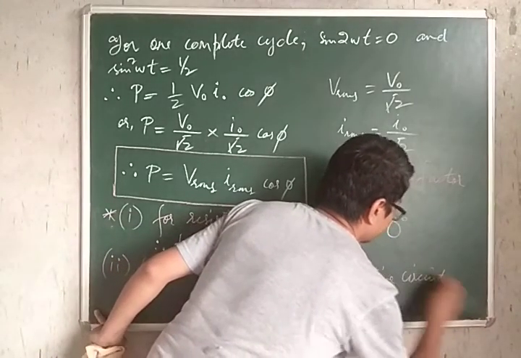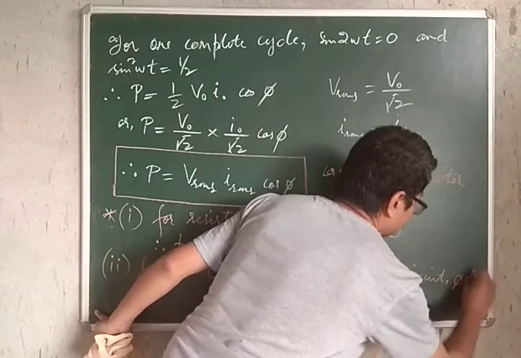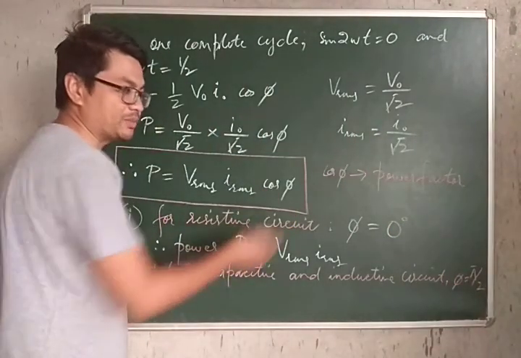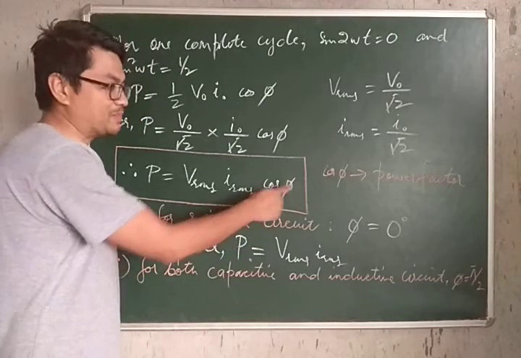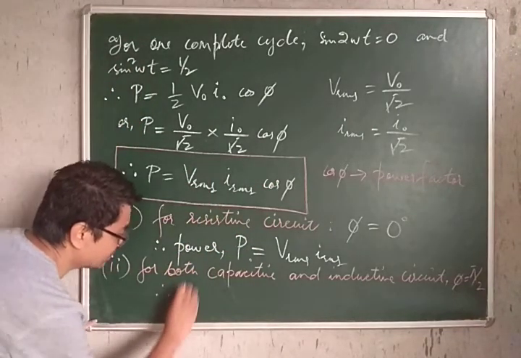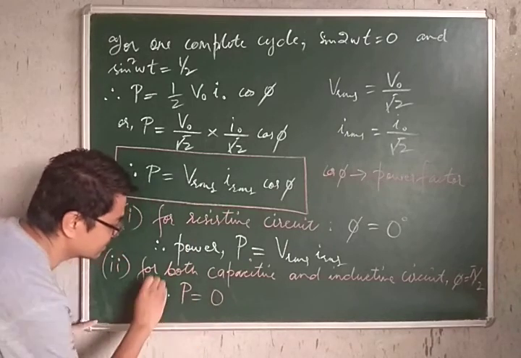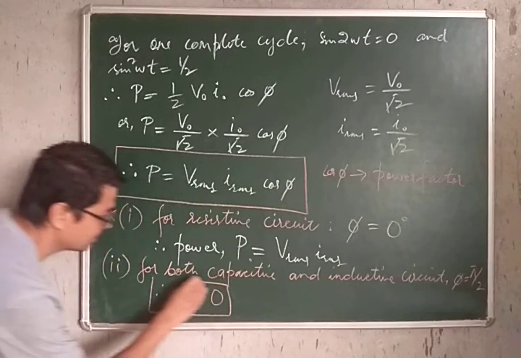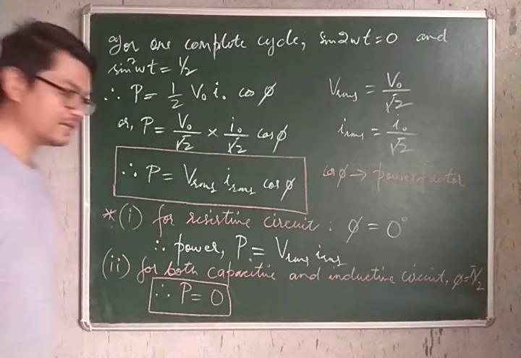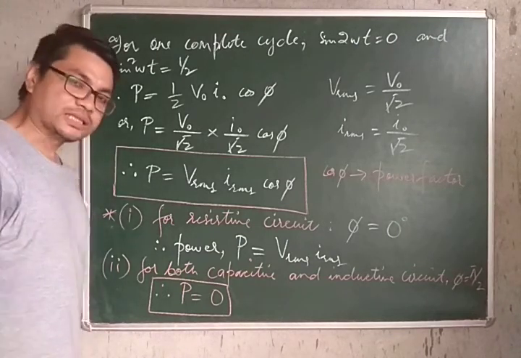What do we have? Phi is pi by 2. So therefore the power factor becomes 0 because cos pi by 2 is 0, and thereby the expression for the power is 0 itself. For both capacitive and inductive circuits, remember.